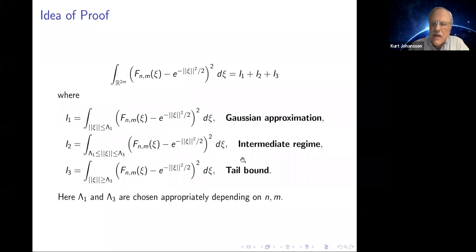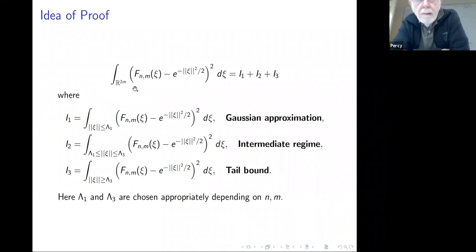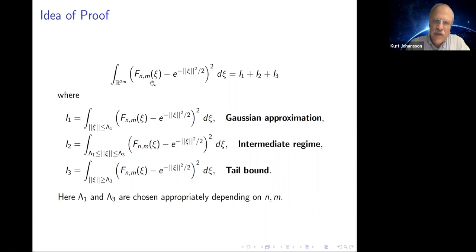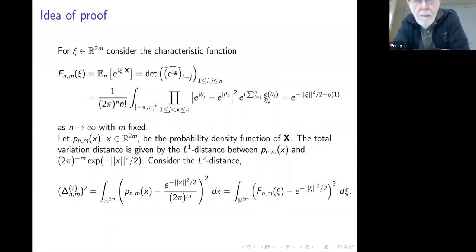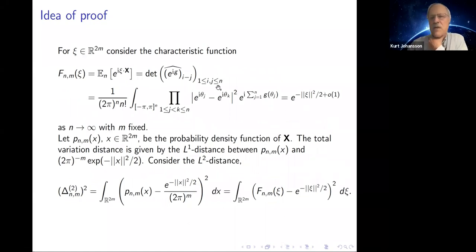Yeah, you want to control this integral, and you're integrating over all the xi's here. If we go back and look at the integral formula, the xi is sitting here in the g's. If xi is really large, this would be an oscillatory integral, and you will have some behavior.